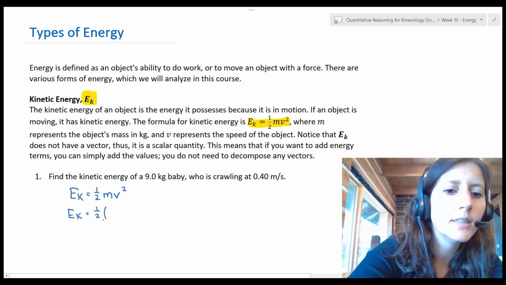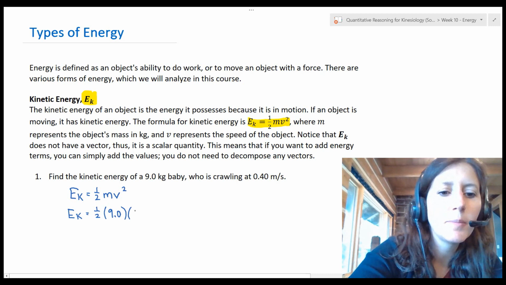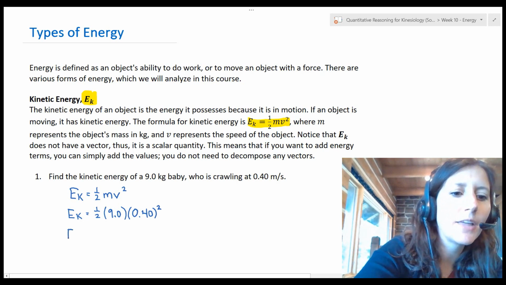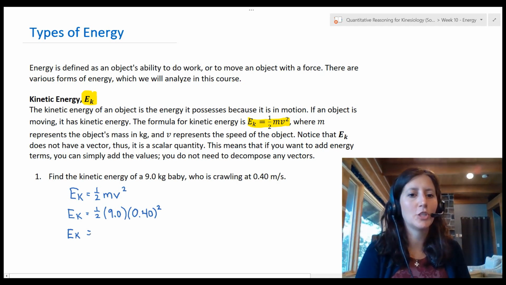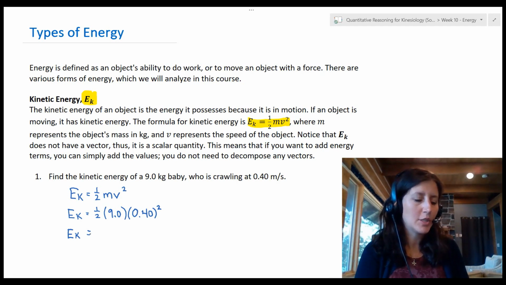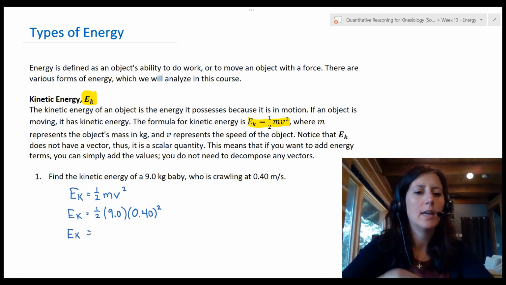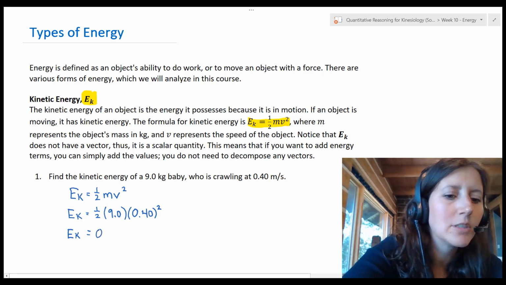It's already in SI units, so we can just leave it. The speed of the baby, again in SI units, so we don't need to convert anything, squared. A lot of people forget the squared, so just be very mindful that you haven't forgotten it. The formula is given to you, so you shouldn't be forgetting it. So I'm just going to type this in, 1/2 times 9 times 0.4 squared. And I get 0.72.